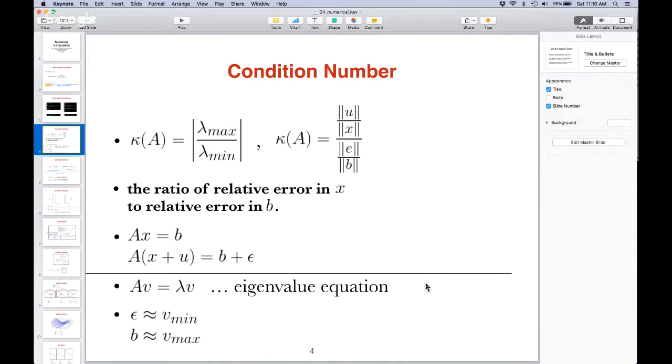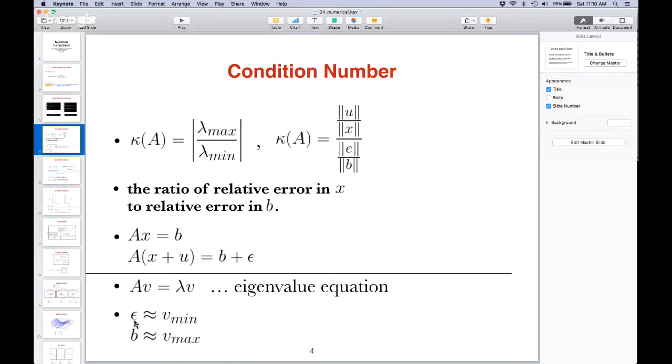And last night I went through all the derivation, but I'm not gonna go through that step by step. The worst case, so the kappa A, the condition number, comes out to be the ratio of the maximum to the minimum eigenvalues. And the worst case happens in this error transfer from right-hand side to the unknown vector.